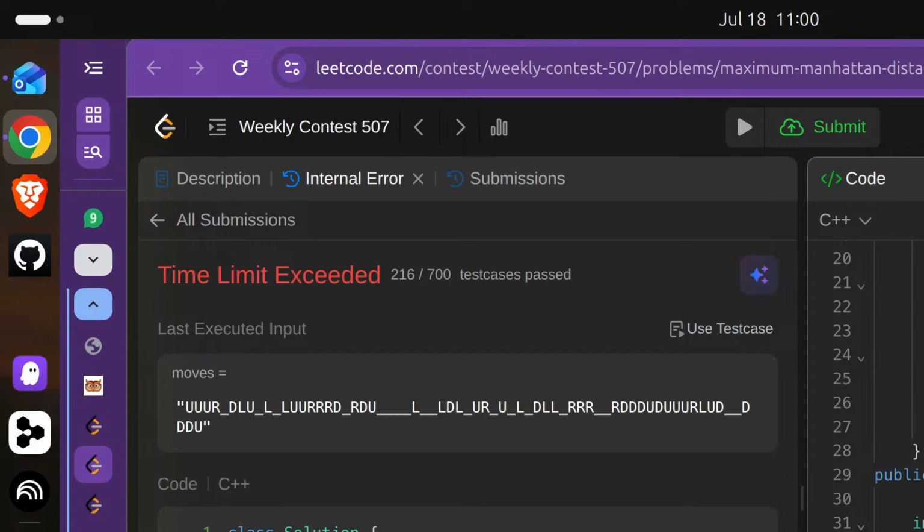So it will go as dp here, and n is equal to moves dot size. And we will get this dp from here.